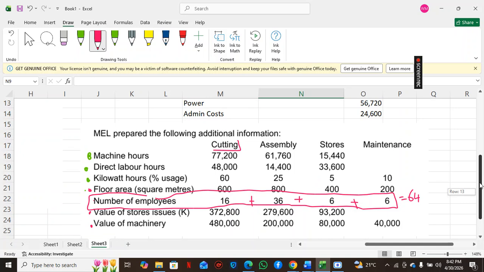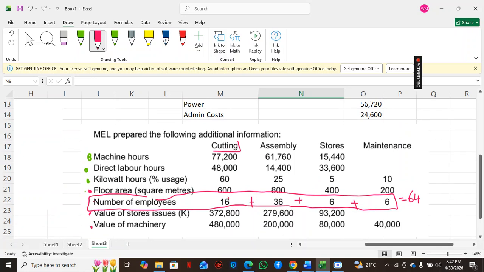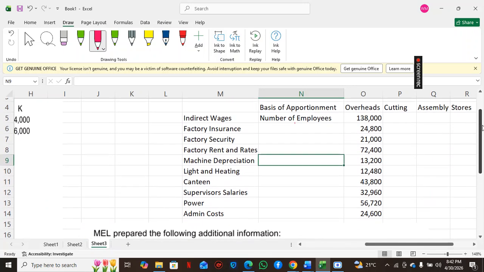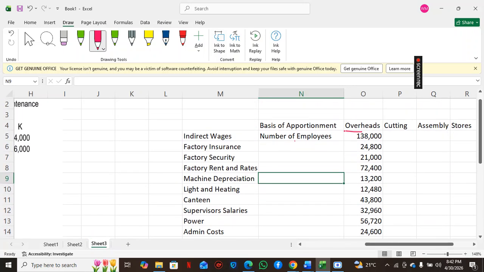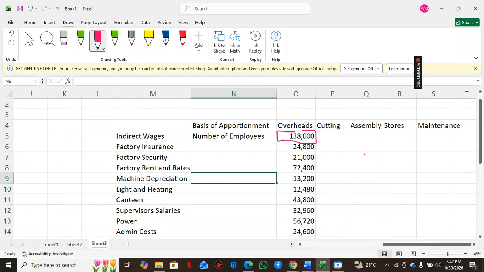All right. So we'll start with the cutting department. For the cutting department, you say 16 over 64, multiplied by this total amount here, because this 138,000 is the one that we're sharing across each of the departments.